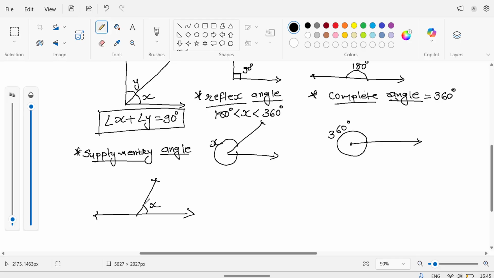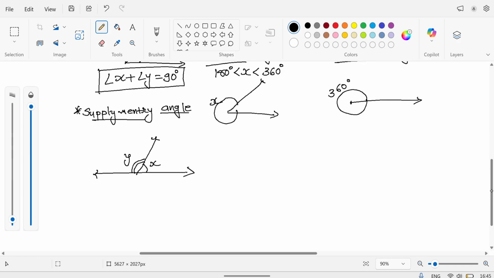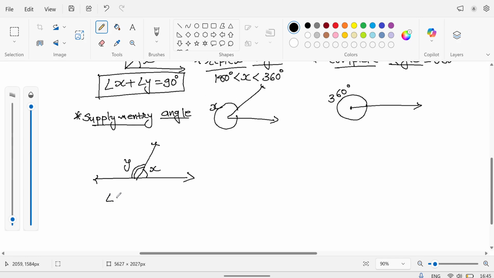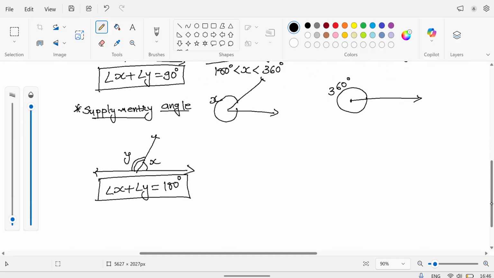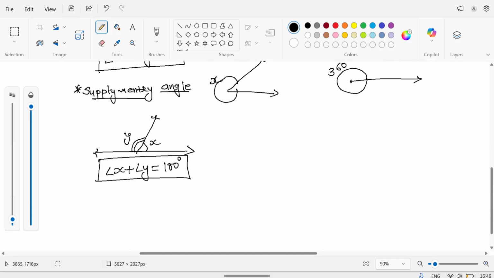Let's suppose this is angle x and this is angle y, and if we add both, angle x plus angle y, and we get 180 degrees, this is called a pair of supplementary angles. So it's clear that complementary angles mean the sum of the two angles is 90 degrees, and if the sum is 180 degrees, they are supplementary angles.